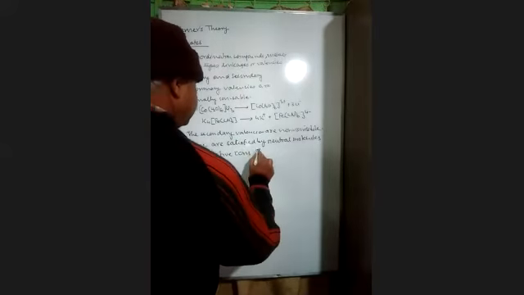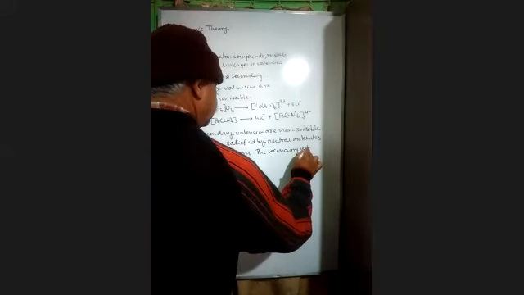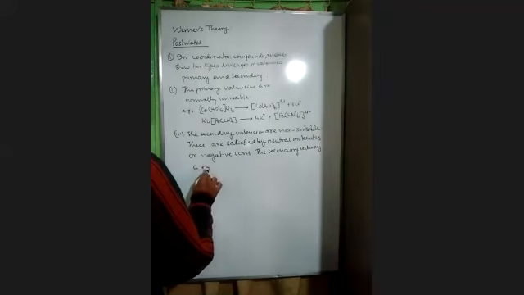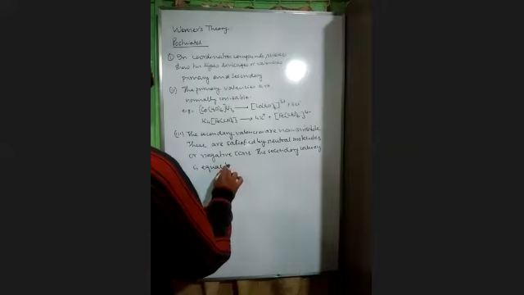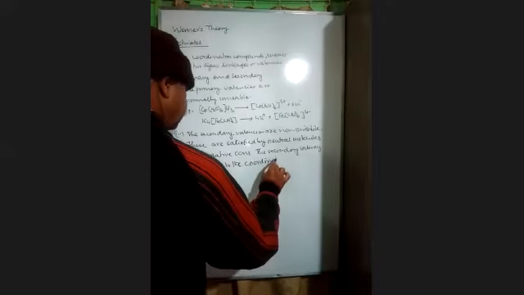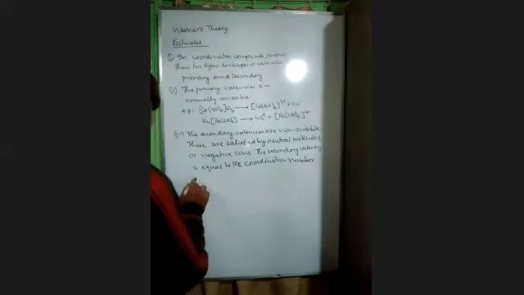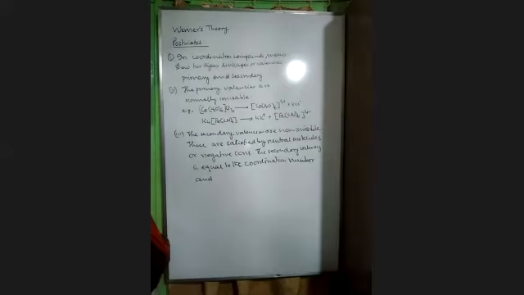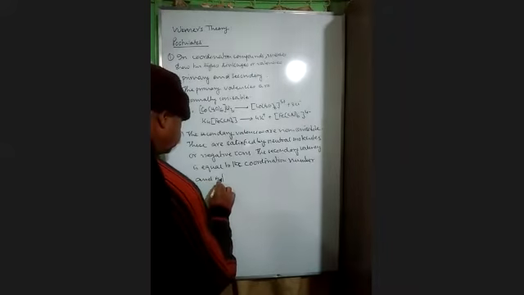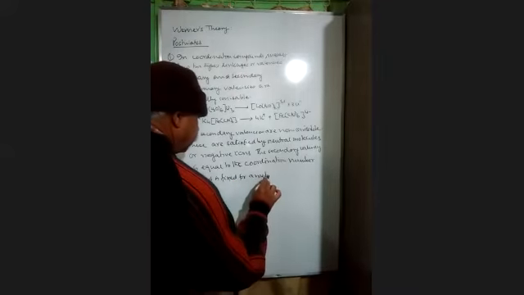The secondary valency is equal to the coordination number and is fixed for a metal.